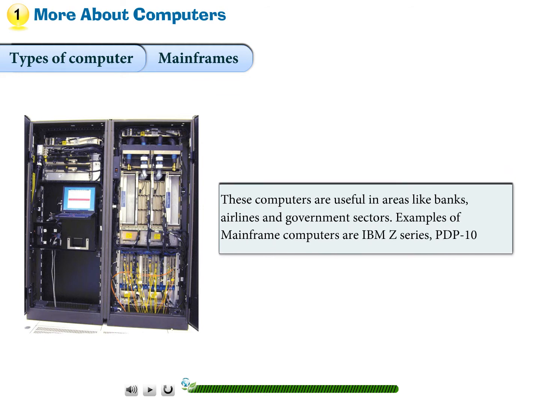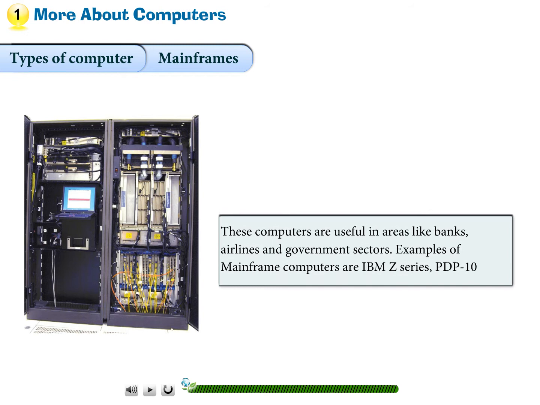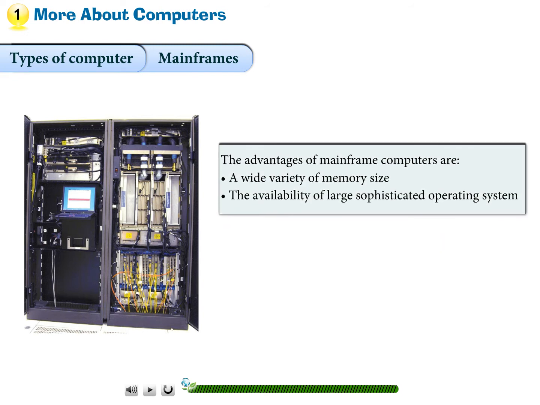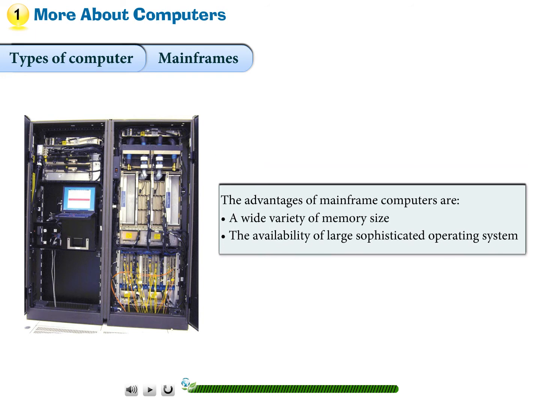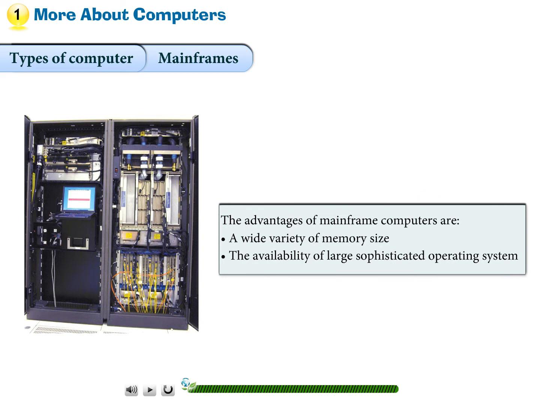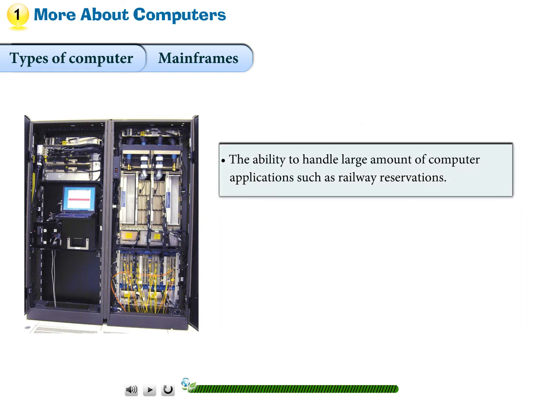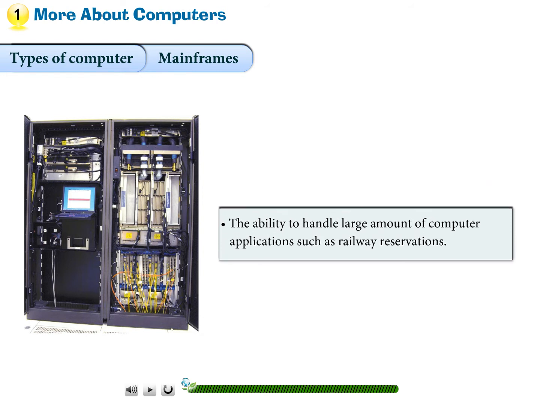Examples of mainframe computers are IBM Z series, PDP-10. The advantages of mainframe computers are a wide variety of memory size, the availability of large sophisticated operating systems, and the ability to handle large amounts of computer applications such as railway reservations.